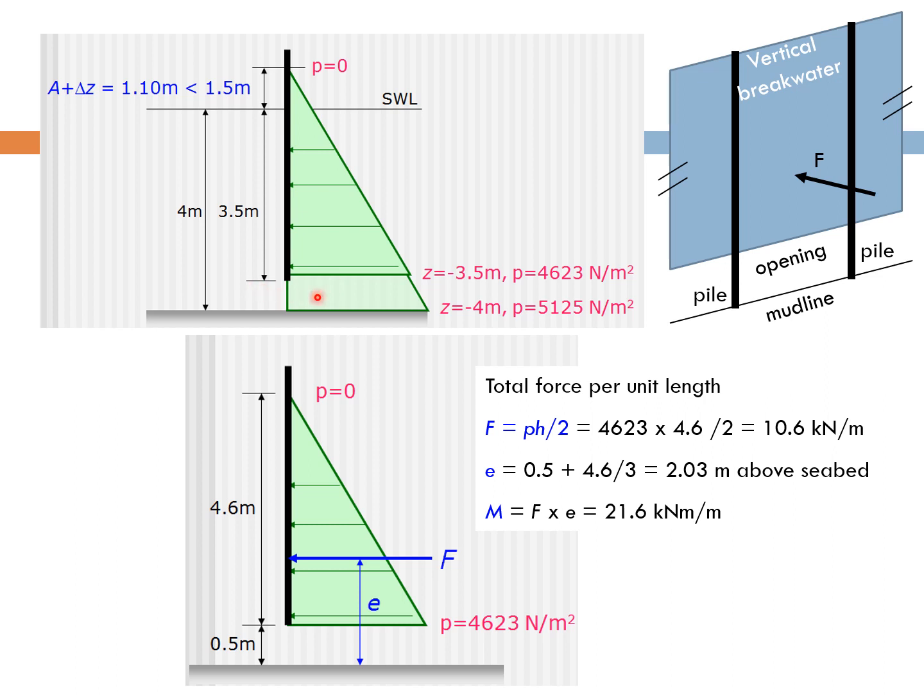As a result, we want to determine the pressure at this lowest point of the vertical panel. We can use the similar triangle concept. Based on that, we find that the pressure at this level, where z equals -3.5 meters, is just over 4,600 Newtons per square meter.